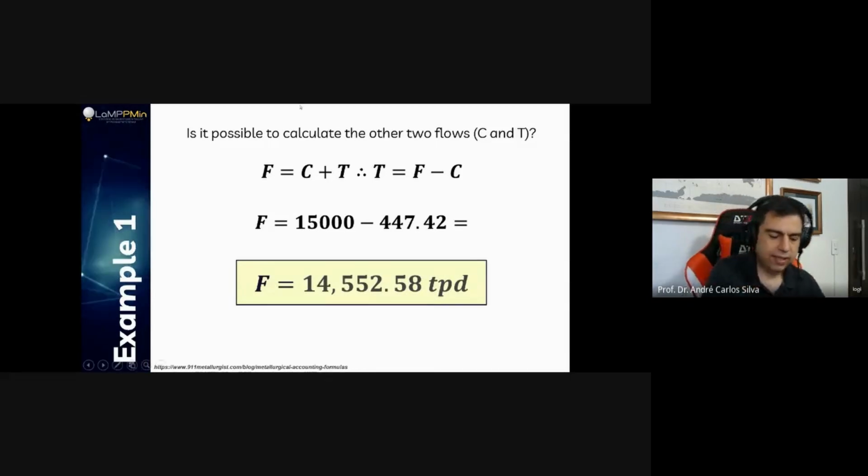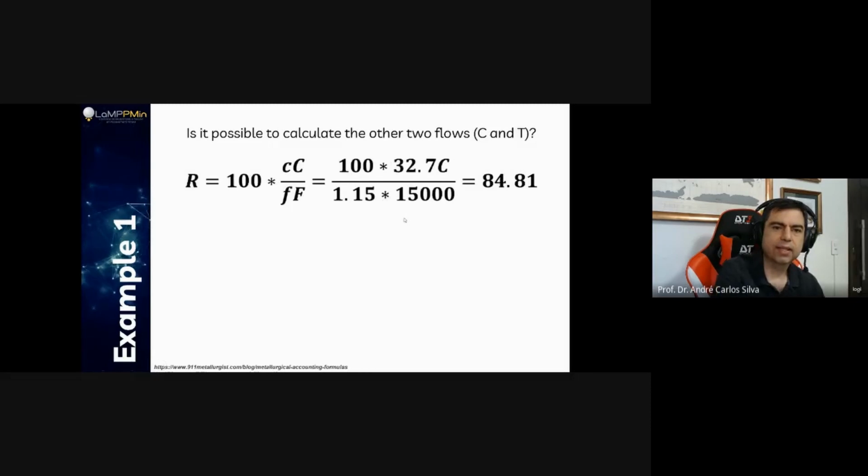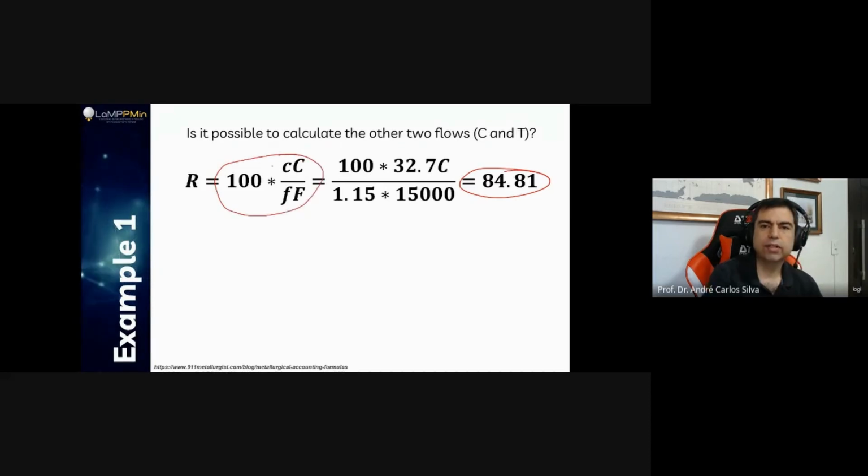So the thing in here is how can I get to this number? How can I calculate my concentrate? And I can do this easily by using the same recovery equation, because I know that the recovery is 84.81%. Okay, and I know that I can also evaluate the recovery using this equation.